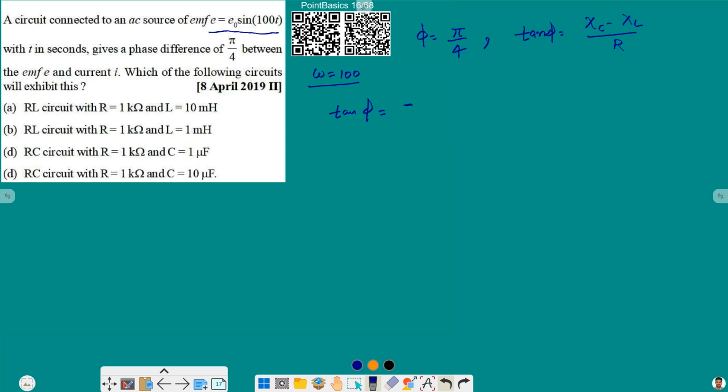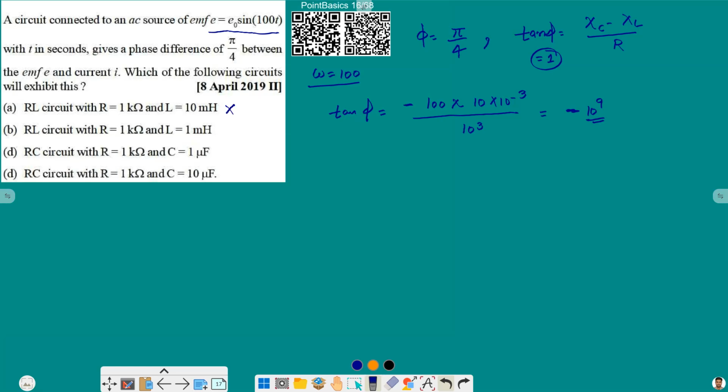XL is omega times L. Omega is 100 and L is 10 millihenry, so 100 into 10 into 10 raised to power -3, divided by the resistance, that is 1 kilo ohm, or 10 raised to power 3. If we solve this, we will get something like negative 10 raised to power -3. So this is not the required one, because φ is already mentioned as π/4, so tan φ should be equal to 1. So option 1 does not fit.